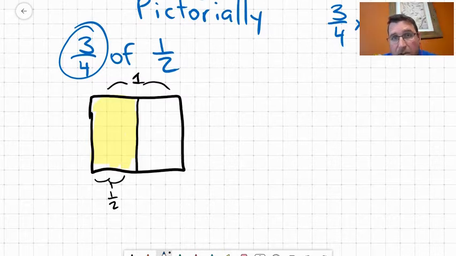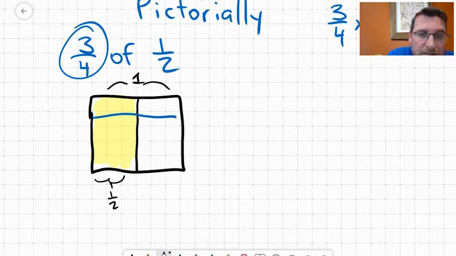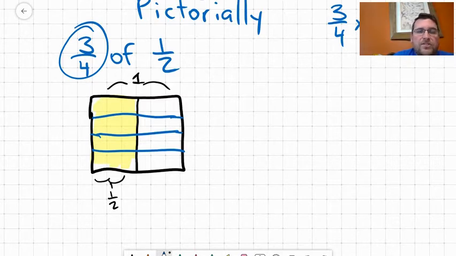Yeah, I should draw 3, right? We've talked about this before. So I'm going to draw 3 lines. 1, 2, 3. And if you look at it horizontally this way, you'll see there's 1, 2, 3, 4 sections going horizontally.